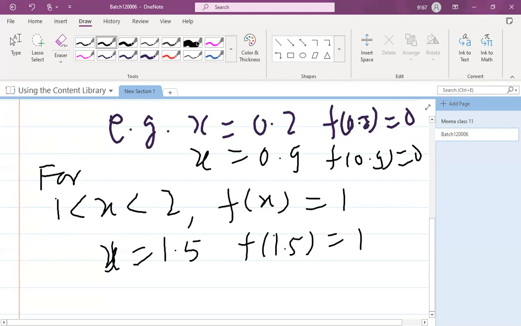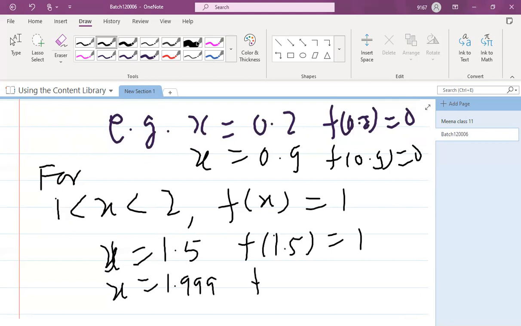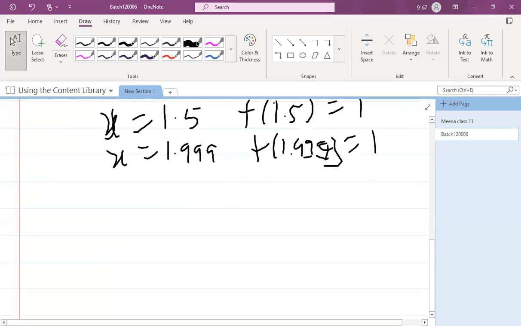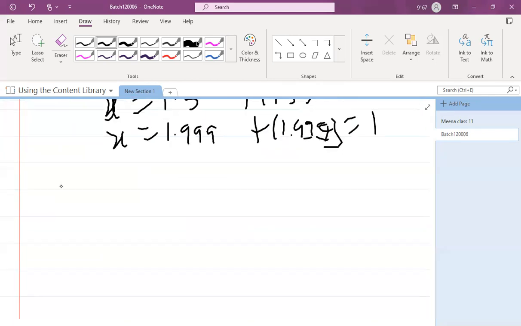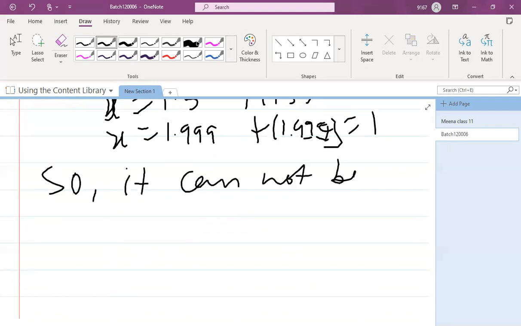In fact, if we take x equals 1.999, the value of the function is still 1. So it cannot be a one-one function.